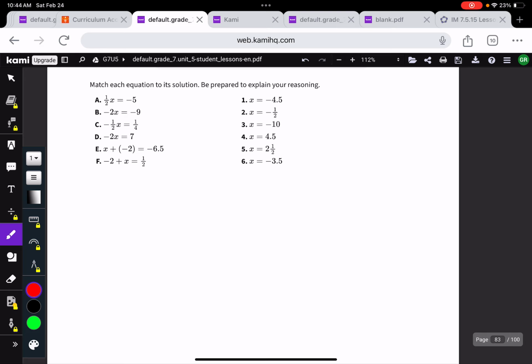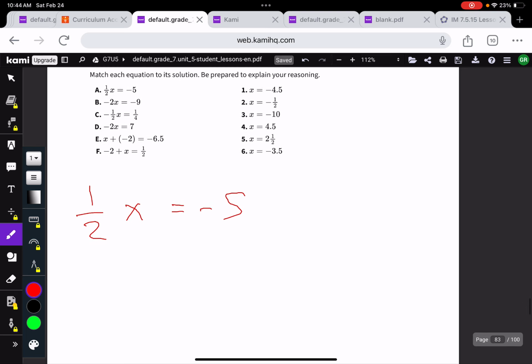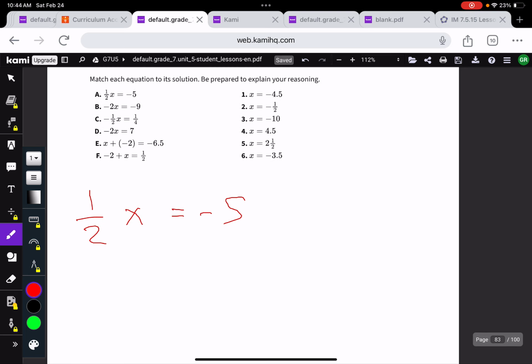So let's look at A. It says 1/2 x equals a negative 5. Half of something is negative 5. We could ignore the negatives if we want and come back to them for multiplication problems. Doesn't always necessarily work for addition problems, but we kind of can. It's saying half of what is 5?